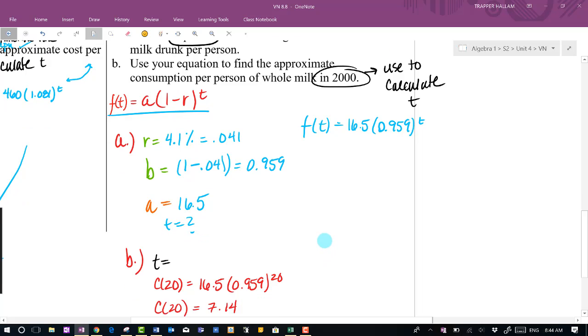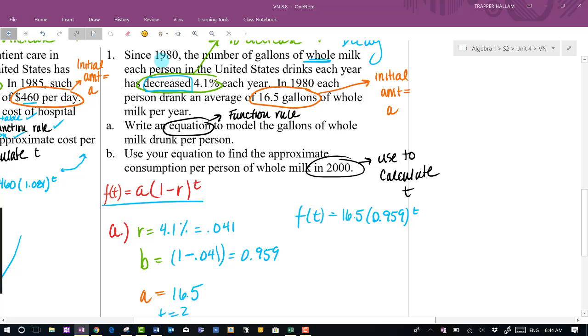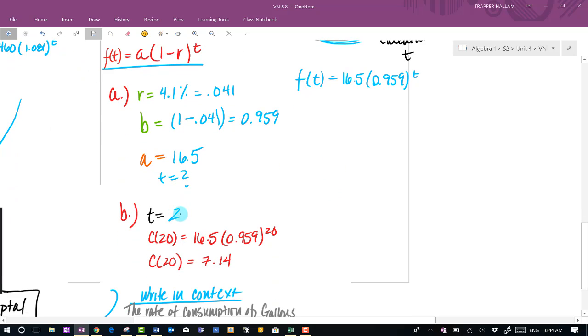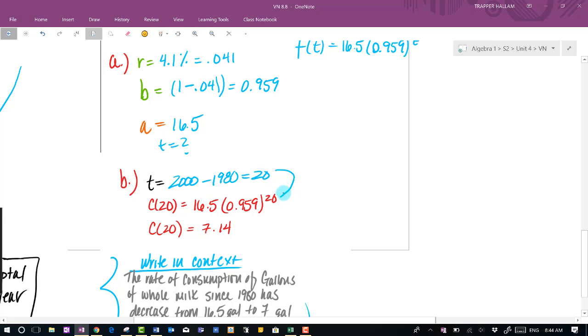And when we move to part B, we know that we're starting in the year 1980, and they're asking us to estimate what happens in the year 2000. So we're going to take the year 2000 and subtract 1980 to find the difference. And that's going to equal 20 years. So you can see that we would have plugged that back in.